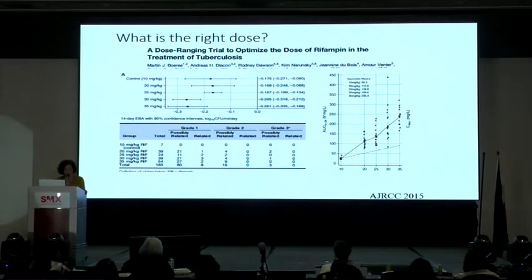Definitely it's not 10 milligrams per kilo because of the low PK of these drugs. So I just had to mention this, and higher rifampicin appeared to be well tolerated and more effective.